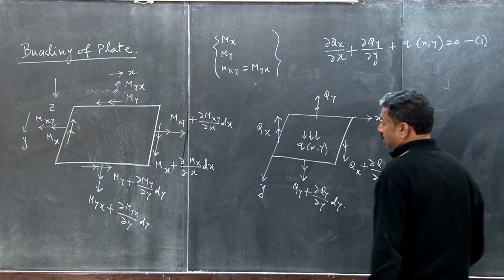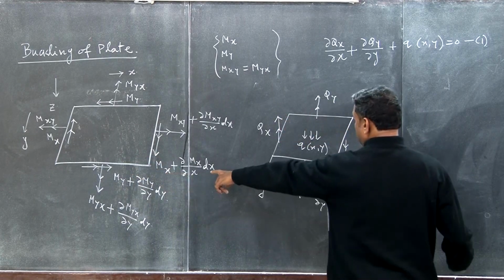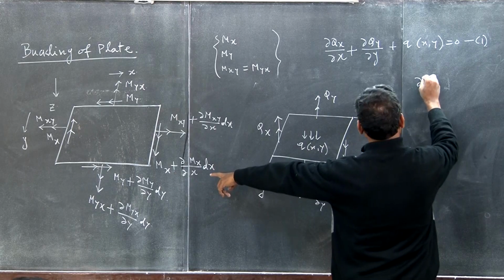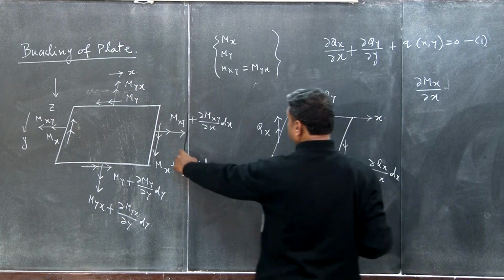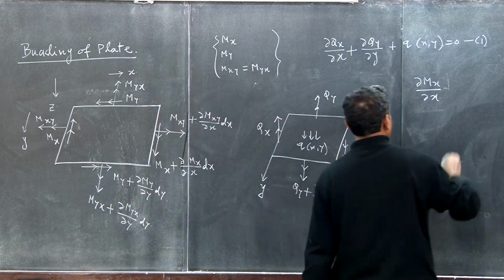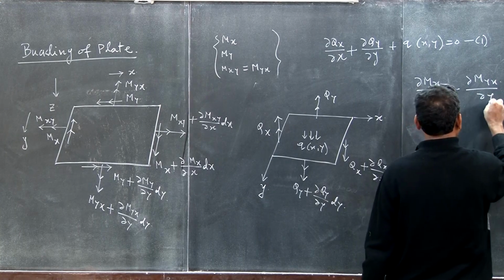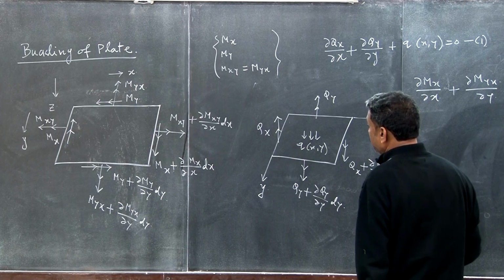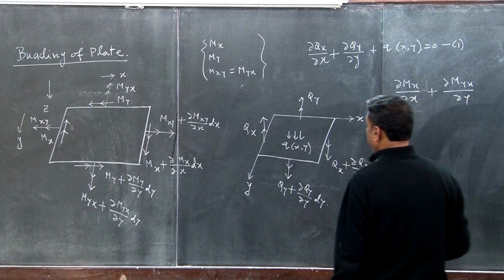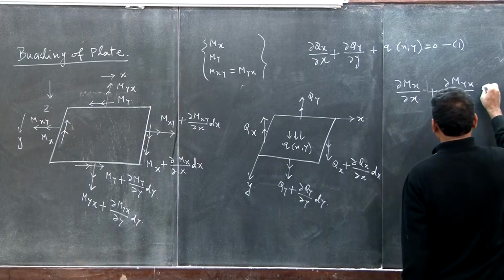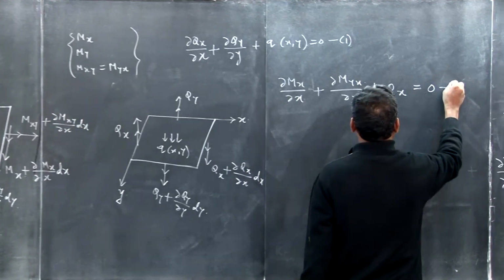Now, if you do the moment equilibrium with respect to the x-axis and the y-axis, then here you see that del Mx by del x, right, plus del Myx by del y, plus Qx is equal to 0, right?